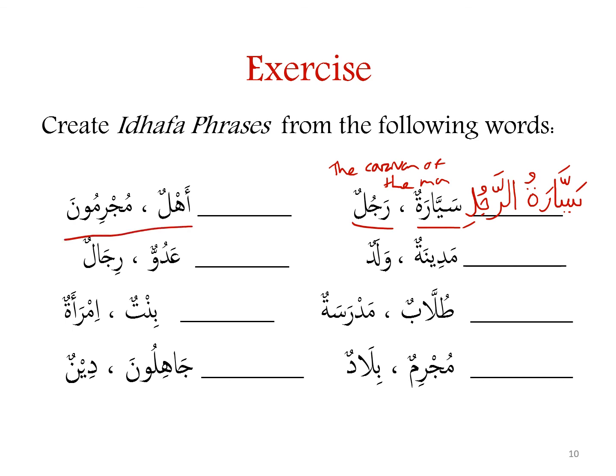Okay, now this example, I'm going to be making these all definite Idhafa phrases, but you could have done some of them indefinite, that's fine, as long as the mudaf ilayh was changed accordingly. So here, ahlun mujrimun, I would say ahlu, and we can see mujrimuna. This is a sound masculine plural, but because it's going to be acting as the mudaf ilayh, the noon needs to drop off.